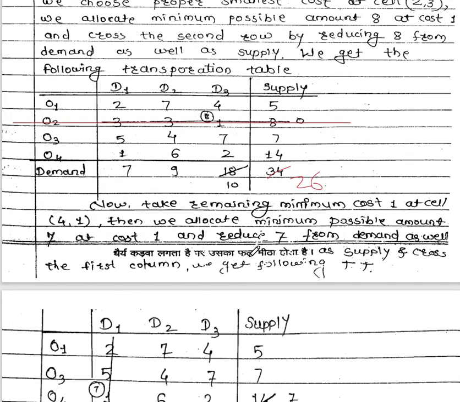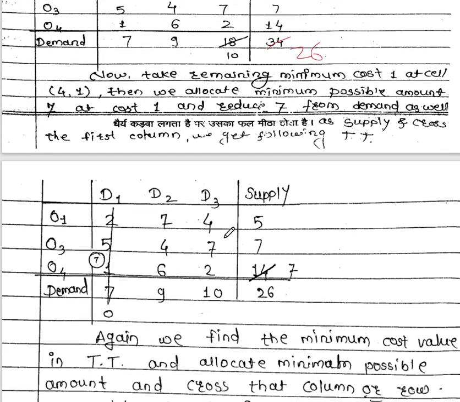So I already told you, we have to allocate the minimum possible amount from this table, so we have to write down the remaining elements 2, 7, 4, 5, 4, 7, 1, 6, 2. So again here we will choose the smallest element, that is 1.